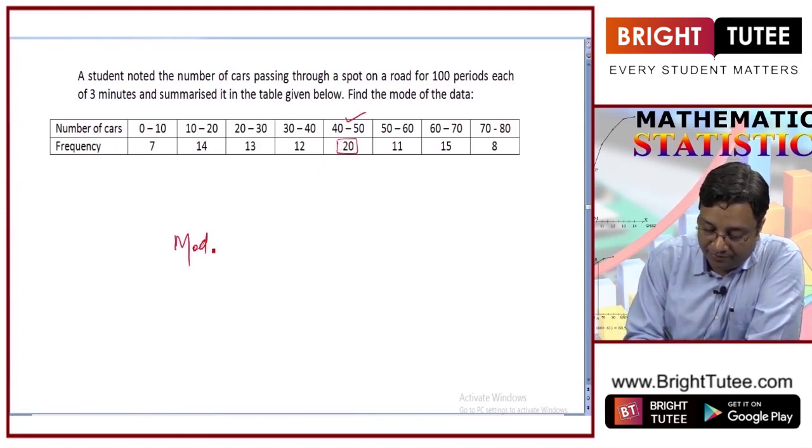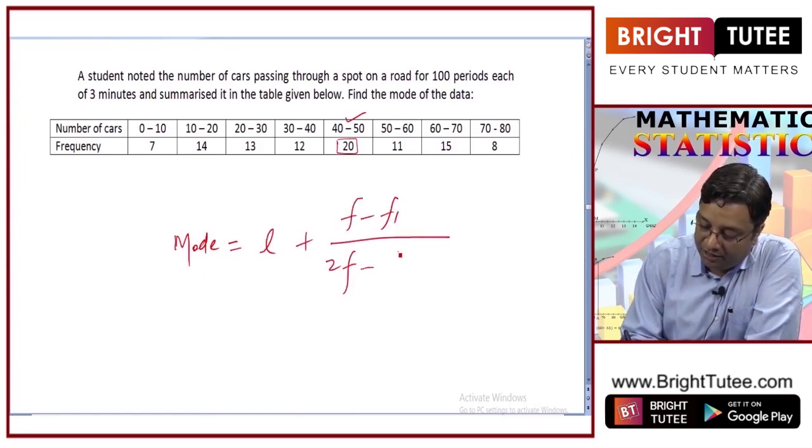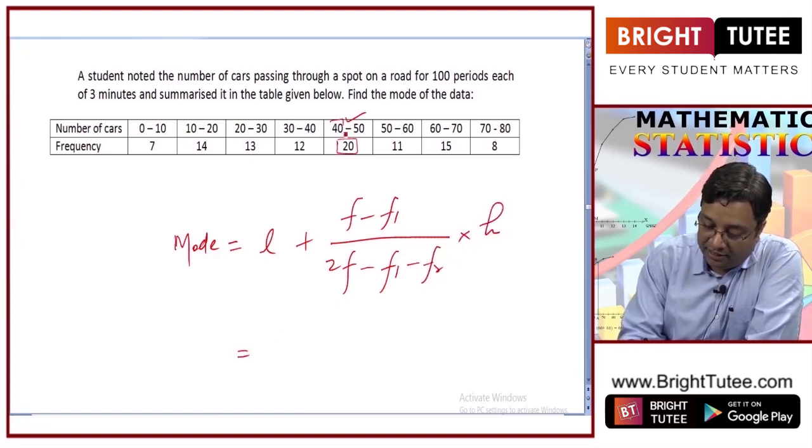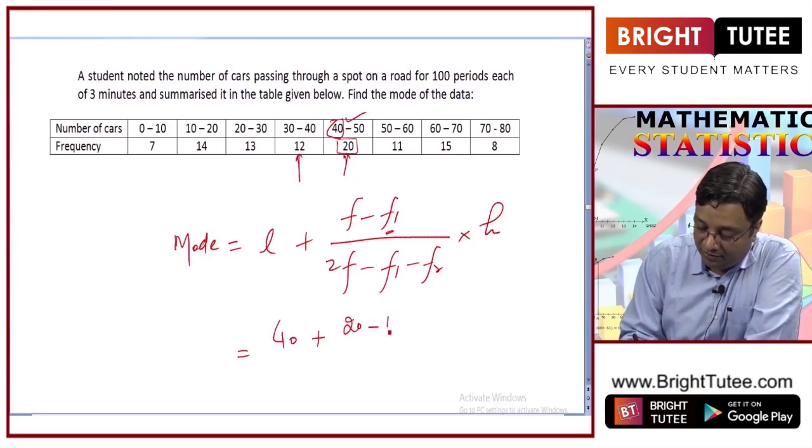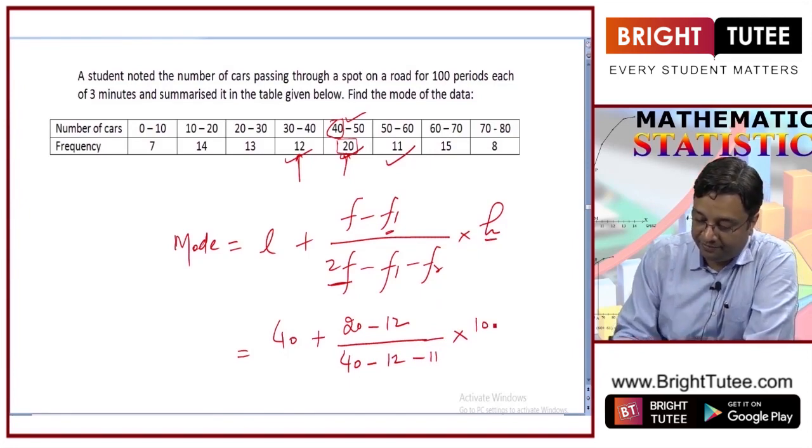So, the mode is L plus F minus F1 divided by 2F minus F1 minus F2 into H. L in this case is 40, right, plus frequency of modal class is 20, frequency of the class preceding the modal class is 12, twice of 20 is 40 minus 12 minus 11, which is F2, right, into H, which is 10.